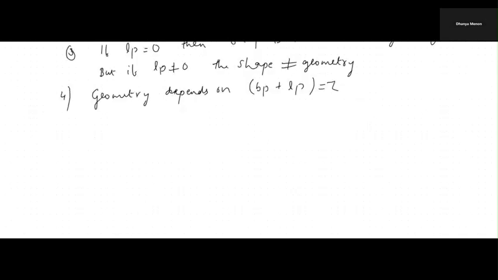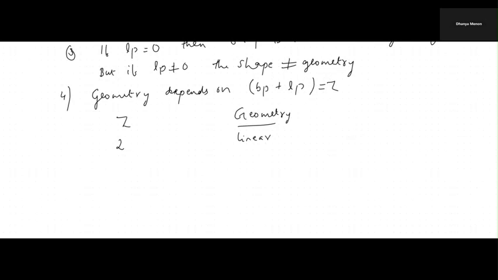We revised it today and we did it in the previous video as well. For different Z values, we have different geometry. If Z value is 2, then I have linear geometry.